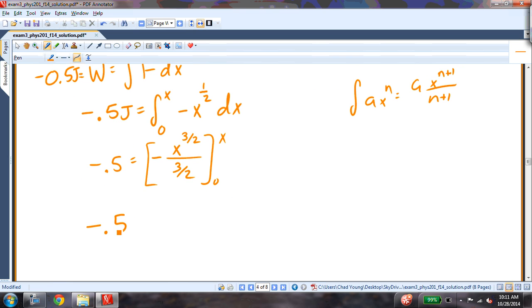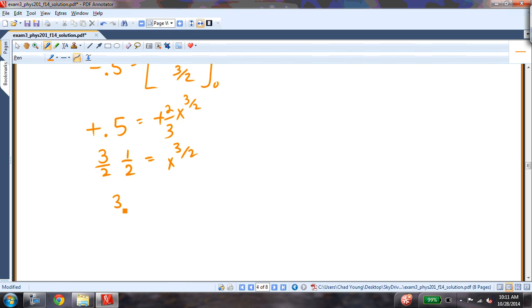So I have negative 0.5 equals negative x to the 3/2, and then I just solve this for x. These negatives go away. 3/2 times 1/2 equals x to the 3/2. 3/4 to the 2/3 power equals x. I get 0.8. 0.8 meters.